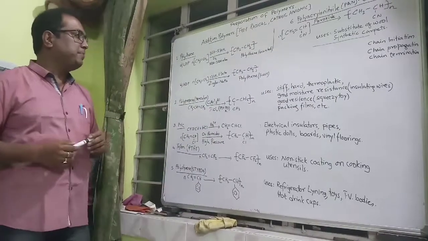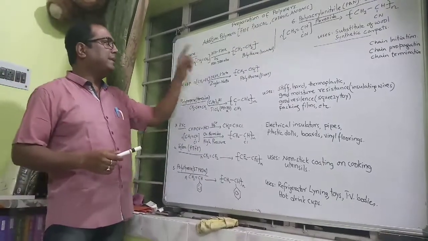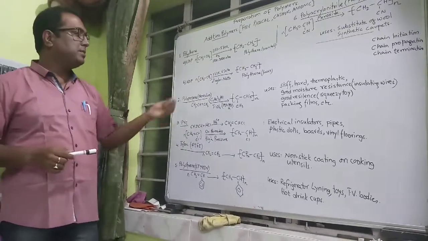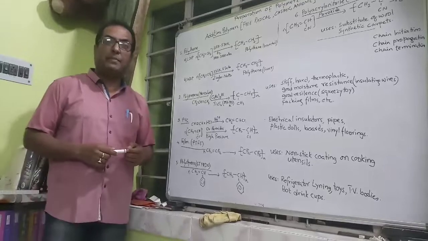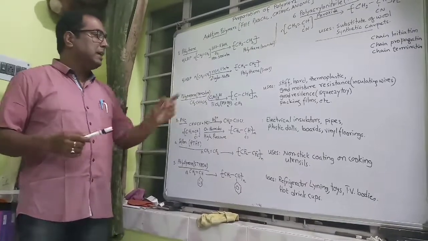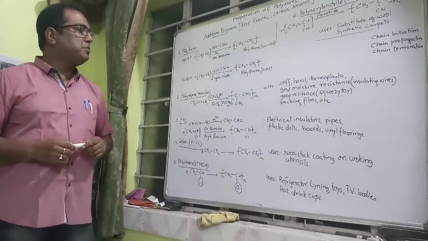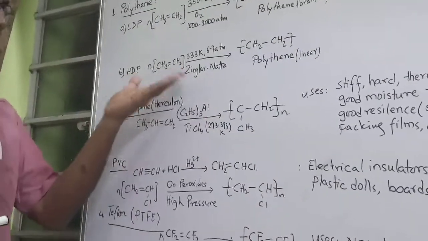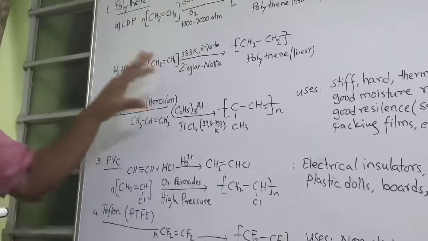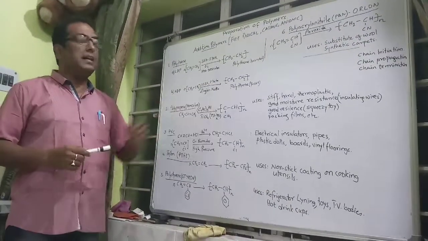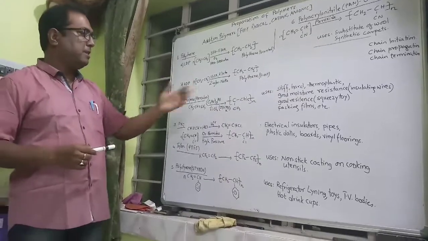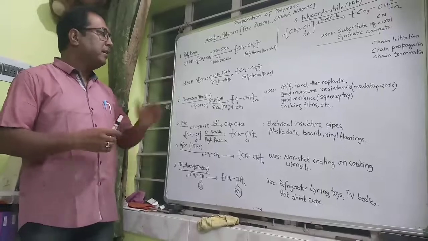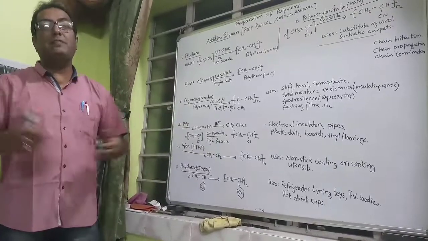In making high density polythene, you require a lower temperature than before, 333 Kelvin, 6 to 7 atmospheric pressure, and the catalyst we are going to use is Ziegler-Natta catalyst. Remember, this is very important: Ziegler-Natta catalyst, and we have to use it in making linear polythene. And this linear polythene is usually high density and has a high melting point.